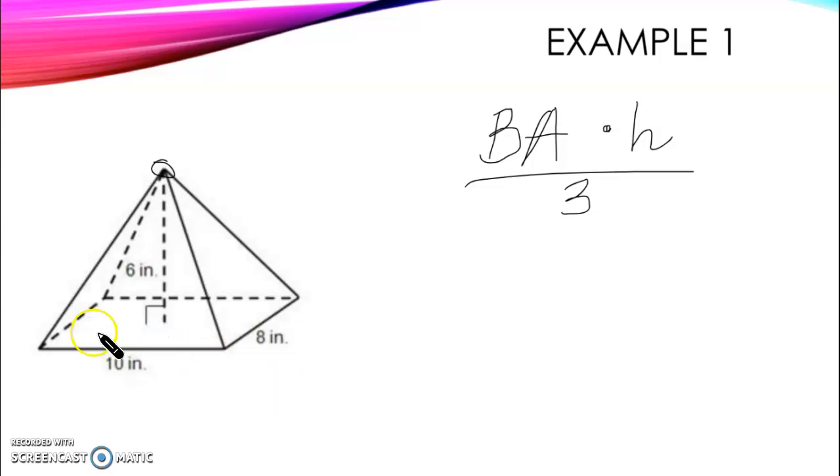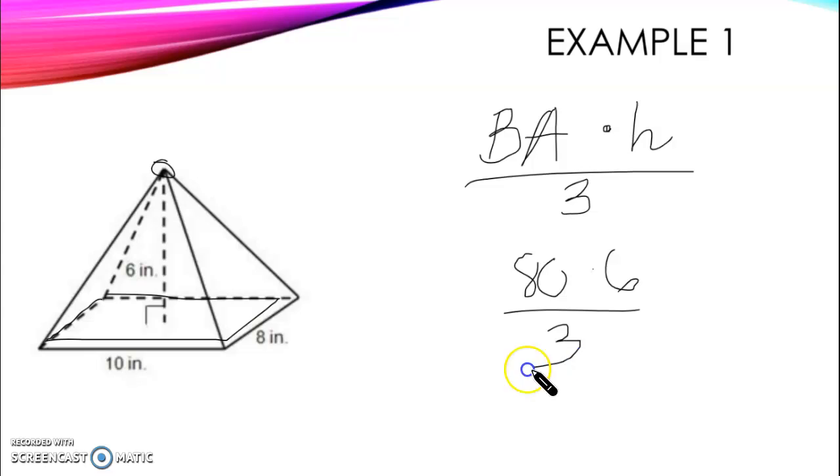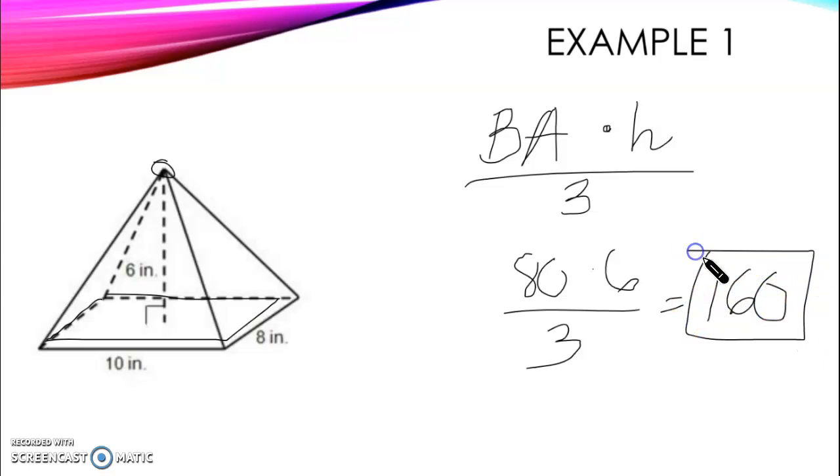The area of the base is this rectangle right here, so that's going to be 10 times 8, which is 80. The height is 6, and we'll divide that by 3. In my calculator, this gives me a volume of 160. And there we have it.